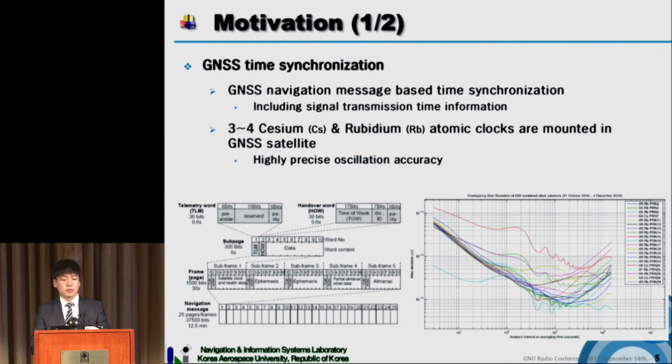In order to keep the GNSS time accurate, 3 or 4 cesium and rubidium atomic clocks are mounted in each GNSS satellite. And these atomic clocks have highly precise oscillation accuracy.